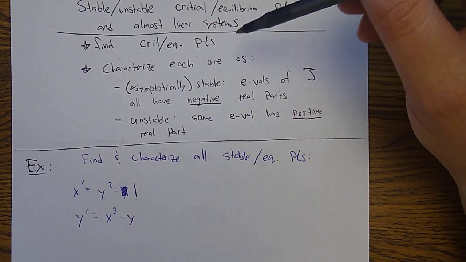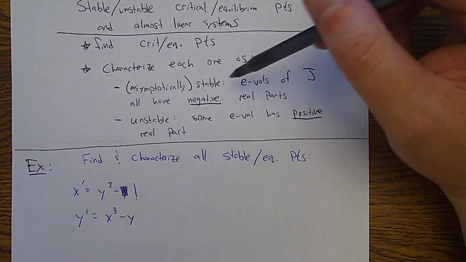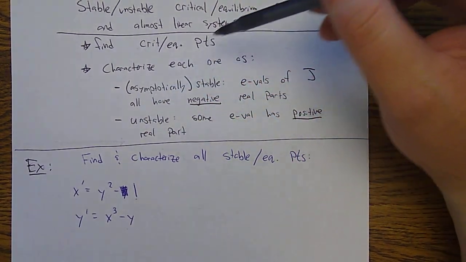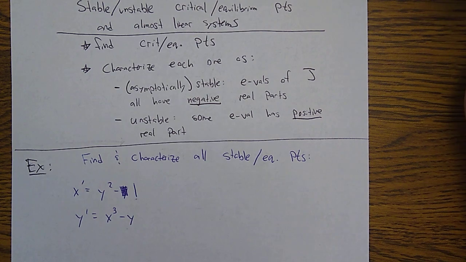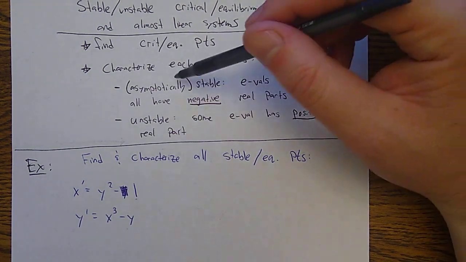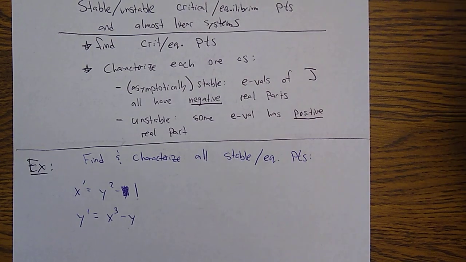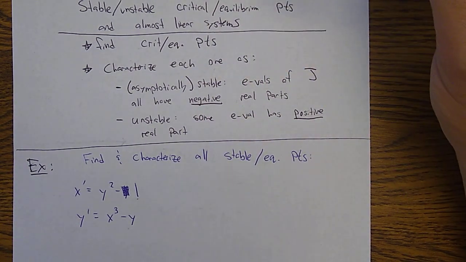There's stable or unstable. For the ones that we're calling stable, you would also be correct if you said it's asymptotically stable. I don't really care whether you say it's stable or asymptotically stable. As far as we're concerned, for the problems that we're going to be talking about, they're the same thing.